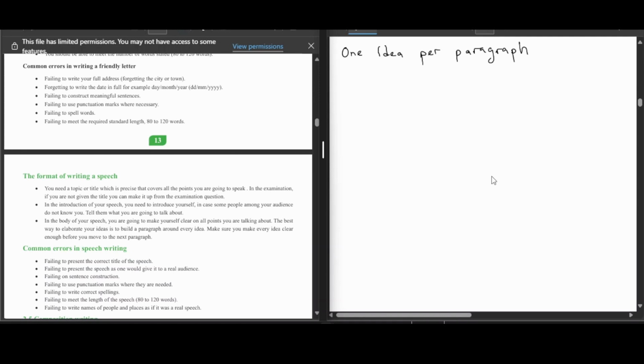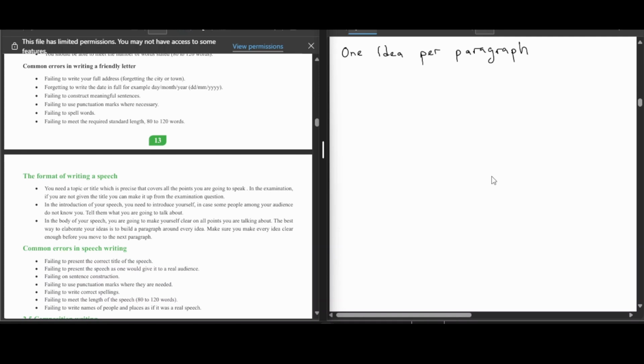What is the month? What is the year? Failing to construct meaningful sentences. So your sentences should be coherent. They should make sense. Proper grammar, proper tense. Failing to use punctuation marks when necessary. Failing to spell words. Failing to meet the required standard length, which is 80 to 120 words.